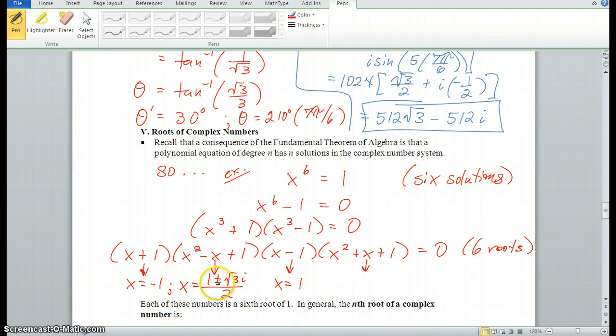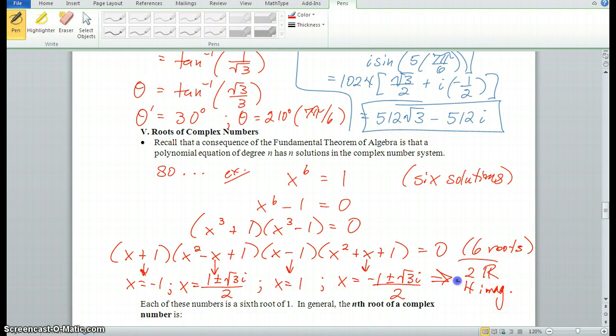And then again the quadratic formula giving us x equals negative 1 plus or minus root 3i all over 2. Okay, so if you can see here, we've got negative 1 and 1. Those are 2 real zeros. And then lastly, we have 2 imaginaries, 2 imaginaries for a total of 4 imaginaries.